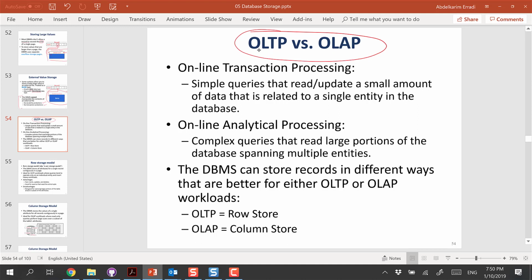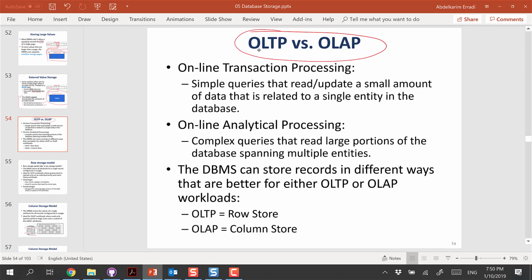For example, if you are using something like Banner, you are just adding a course, registering a course, dropping a course. Those are small operations. Online analytical processing is usually big read queries that may be going through the whole table or doing lots of joins sometimes.